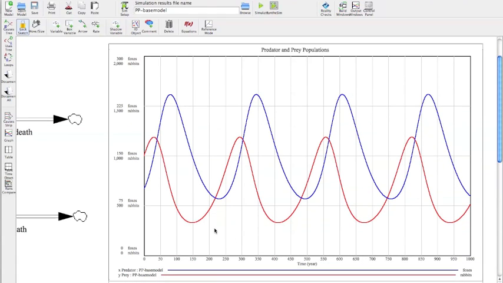But essentially, what we said before is that the predator population, which is in blue, and the prey population, which is in red, so these are the foxes and these are the rabbits, are oscillatory from the very beginning. At time 0, you have 100 foxes and 1,000 rabbits, and they start to interact.